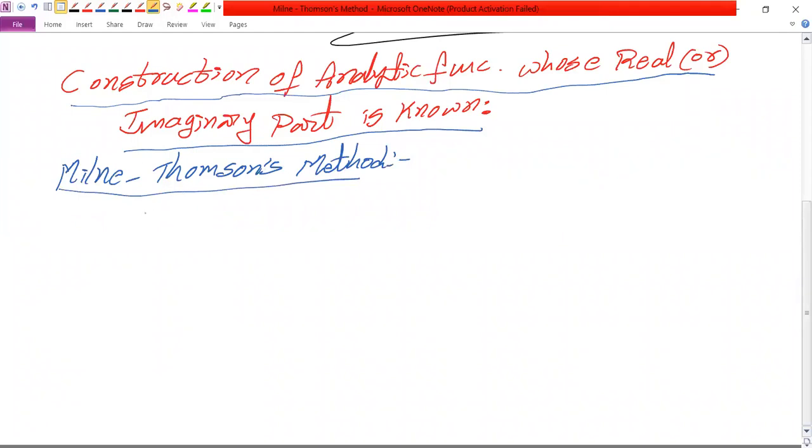Let f of z equals u plus iv, the general form of our function. We know that.